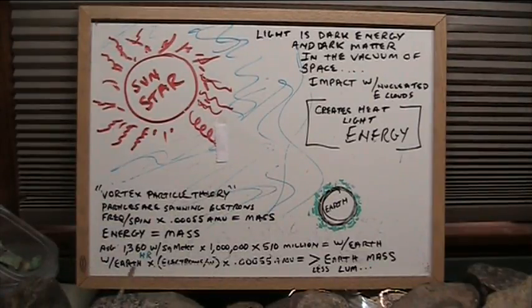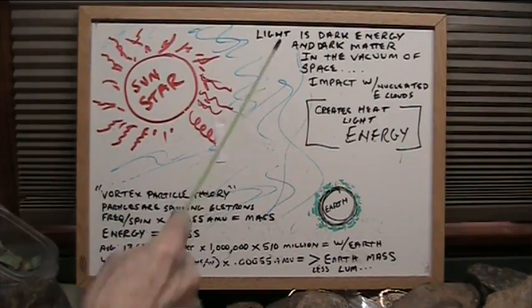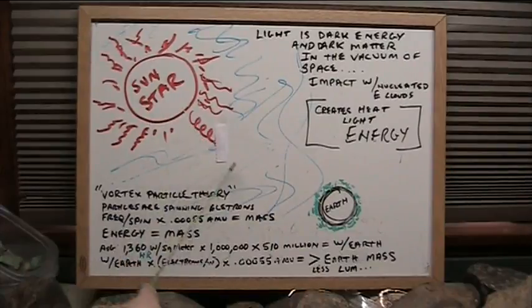And when they spin, they come through space, and I have a full video on this. Rodney Warren has done fabulous experiments, photographed all this, and there's very little possibility that it's not correct. Anyway, light is dark energy in space. That's all it is, dark energy and dark matter in space.